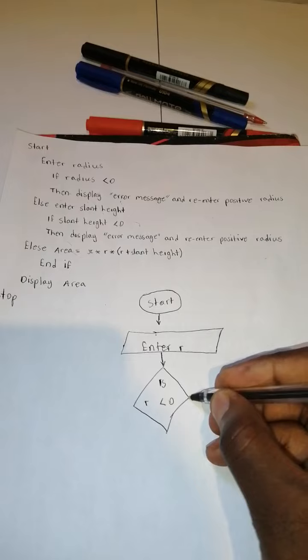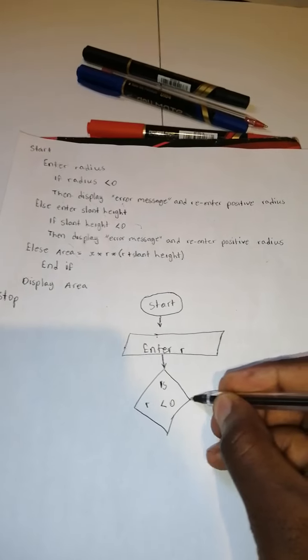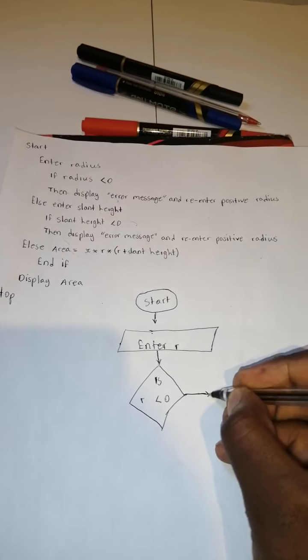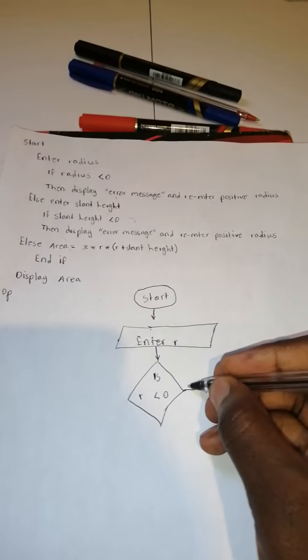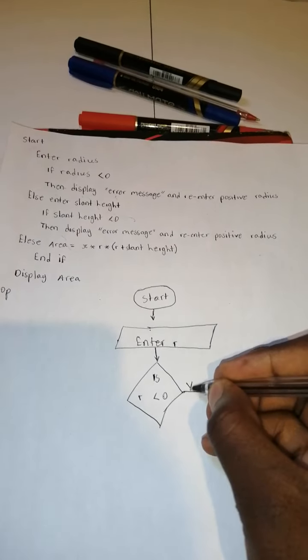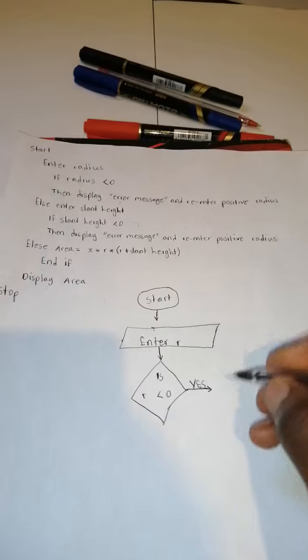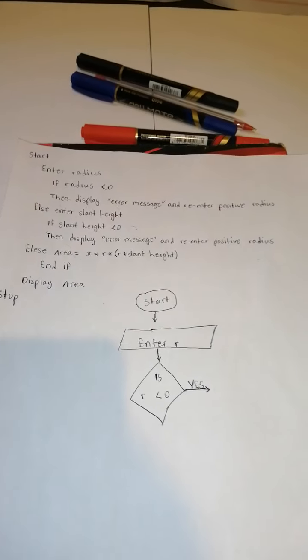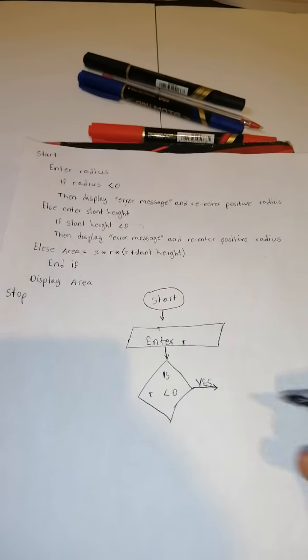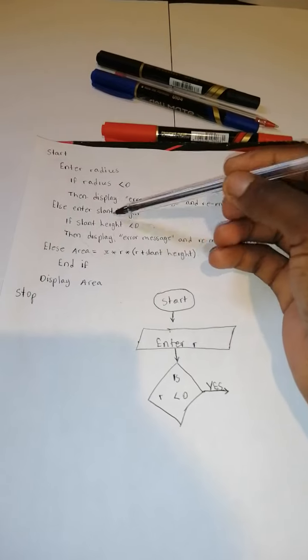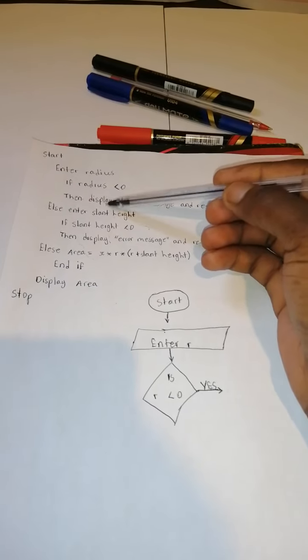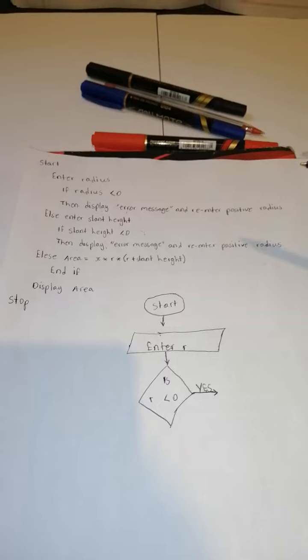So whenever you see then, here you're going to draw an arrow in this direction, and on top of this arrow you're going to say yes, like that. And then after writing yes on top of that arrow, you notice that we have display, which is an output.